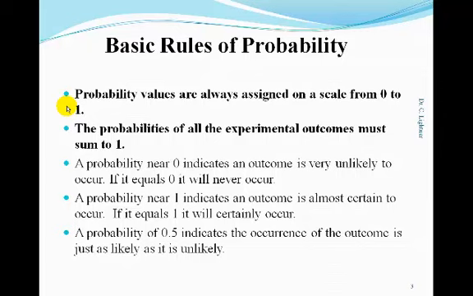If the probability value equals 1, it is definite that that outcome will occur. A probability value of 0.5 indicates that it is equally likely as it is unlikely that that outcome will occur.